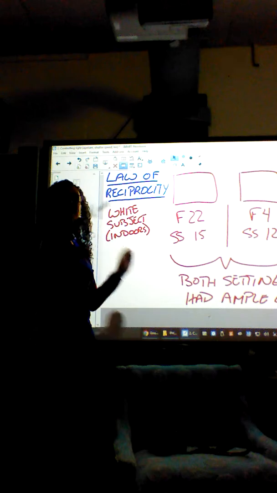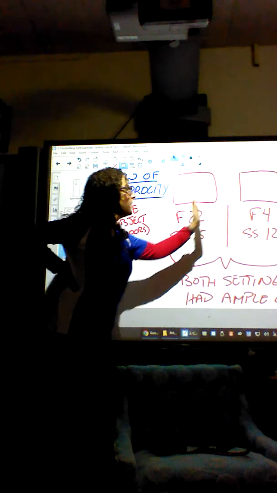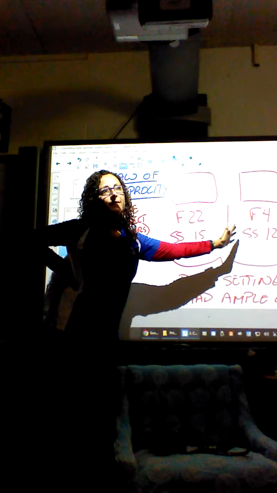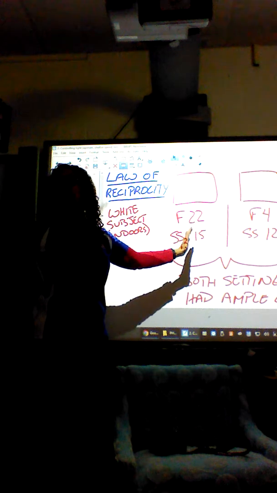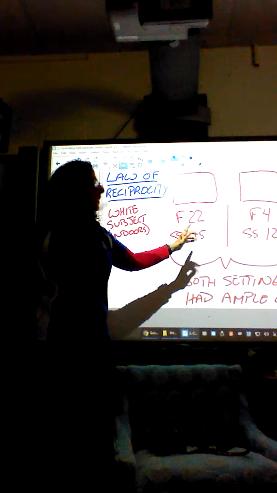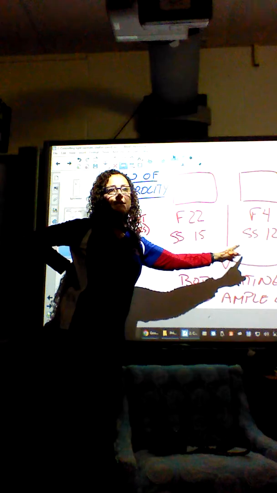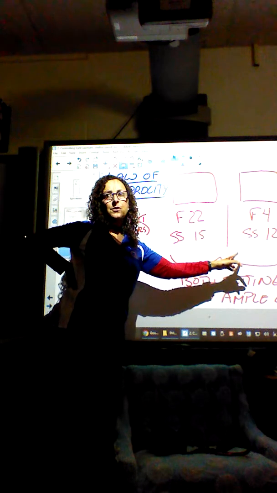And what I said to you yesterday was both of these settings have enough light coming into the camera to take the picture. But each of these settings will give you a different type of picture.